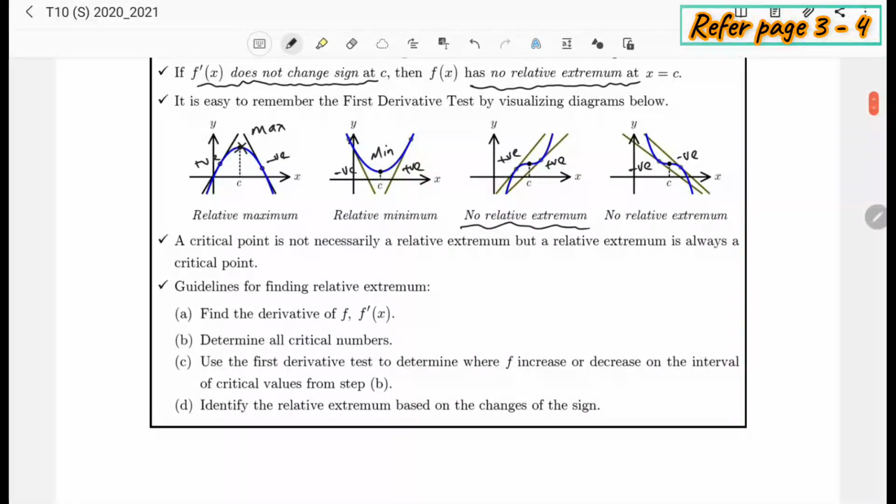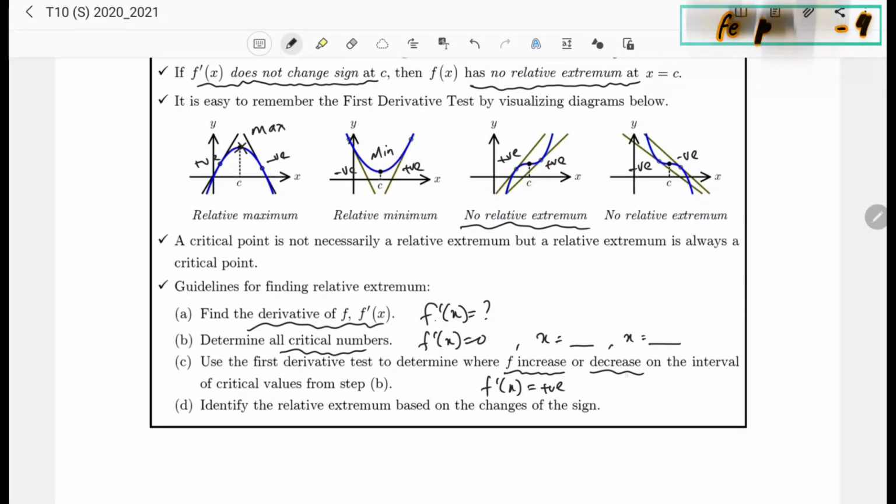Okay, so the steps to use the first derivative test. So find the derivative of f(x), so f prime x. Determine all the critical numbers, that's when f prime x equals 0. So you get values of your x. Then you need to determine where f(x) increases or decreases. Meaning, it increases when the f prime x value is positive, and decreases when the f prime x value is negative.